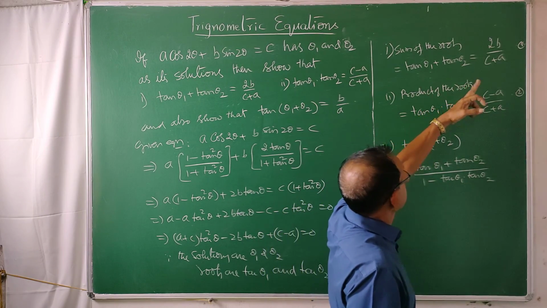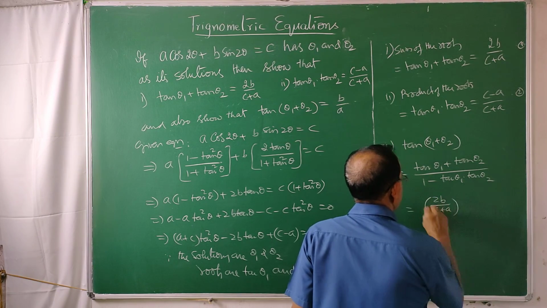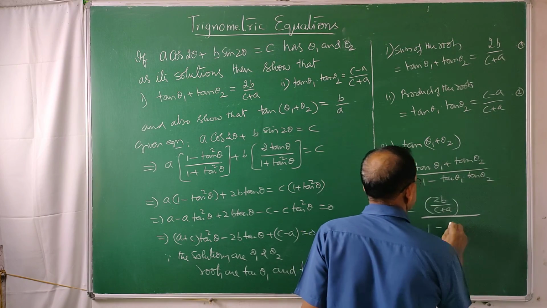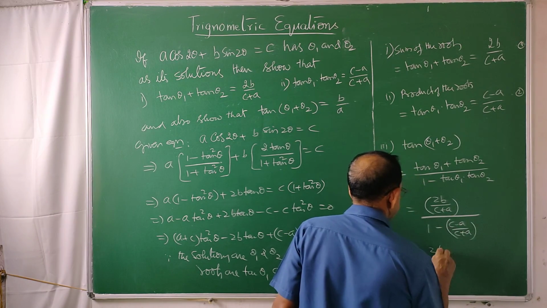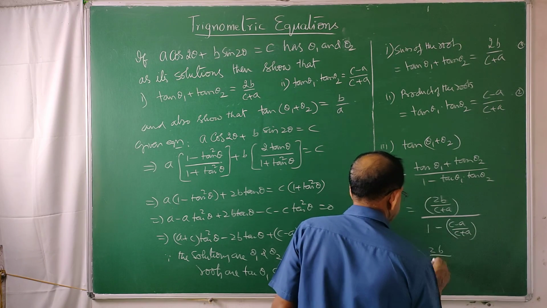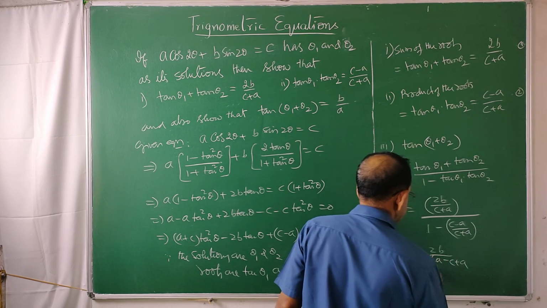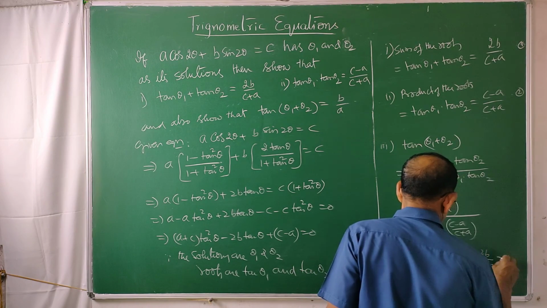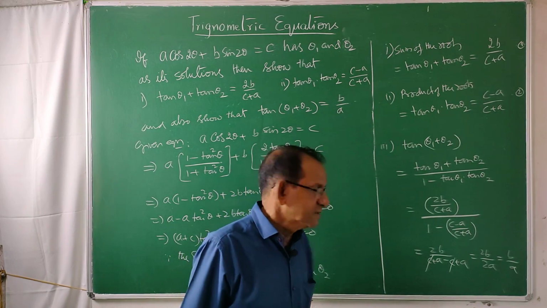Tan theta 1 plus tan theta 2 is 2b by c plus a, over 1 minus tan theta 1 tan theta 2, which is c minus a by c plus a. If you take LCM, c plus a is the LCM and it will be cancelled. Finally it is 2b by c plus a minus c plus a. So c is cancelled, that is equal to 2b by 2a, equal to b by a. The third result: tan of theta 1 plus theta 2 is b by a.